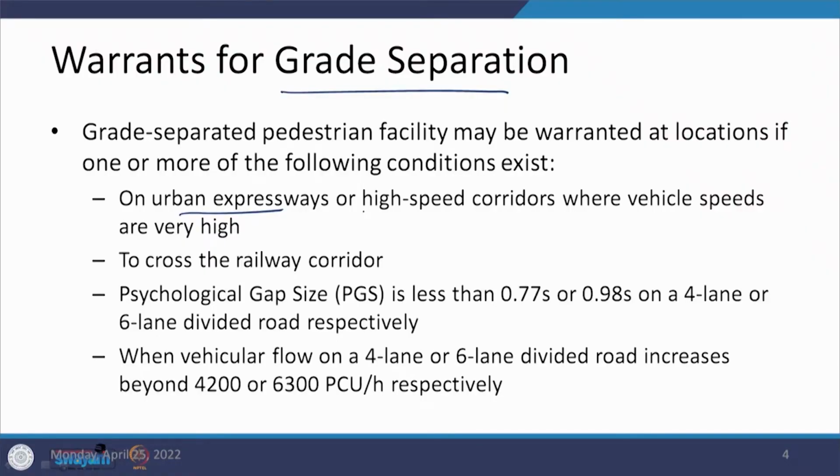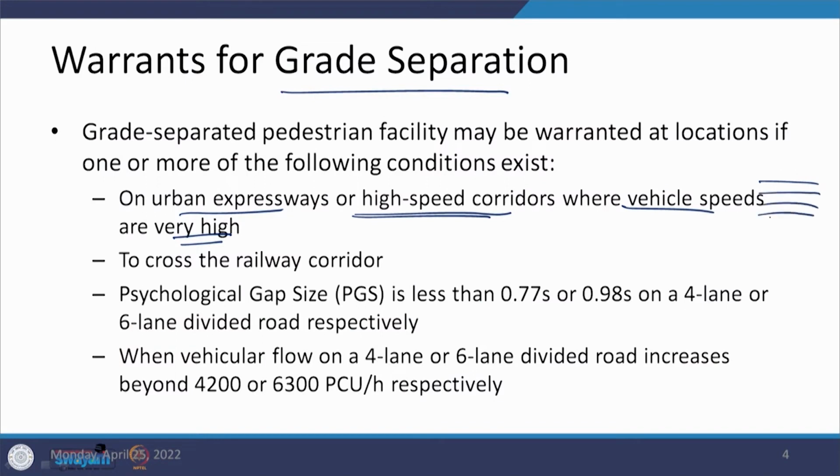Now, what it says is that if you are on an urban expressway or a high speed corridor where the vehicle speeds are going to be very high, in those cases it is always better to go for a grade separation. Obviously, when you are talking about this, the speeds are going to be more than 60 kilometers per hour, and they are going to touch something like 100 or 120 kilometers per hour.